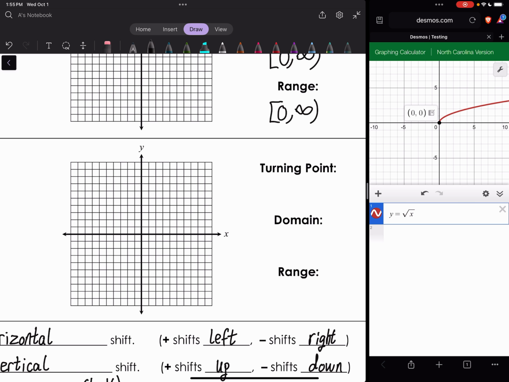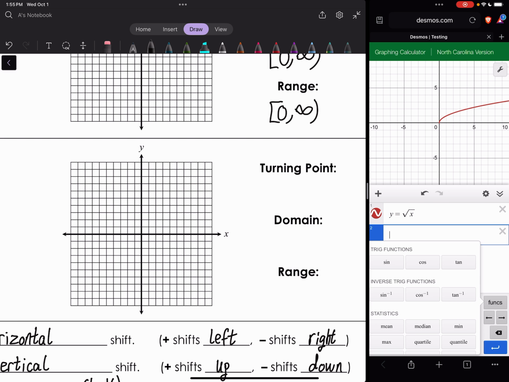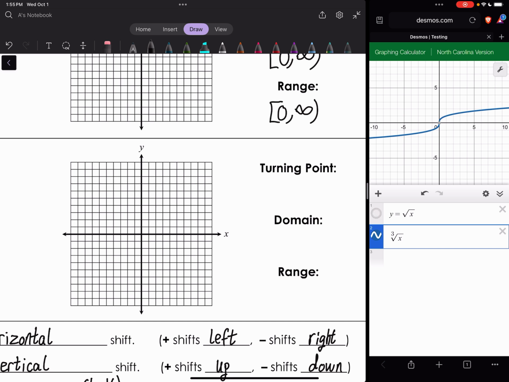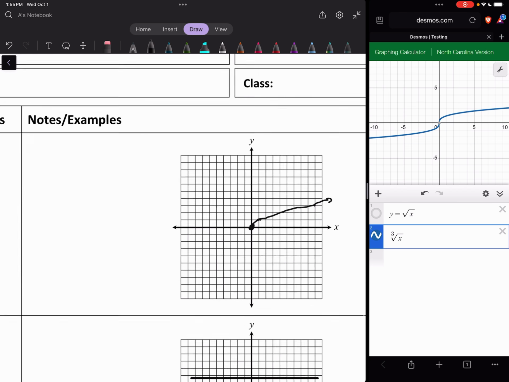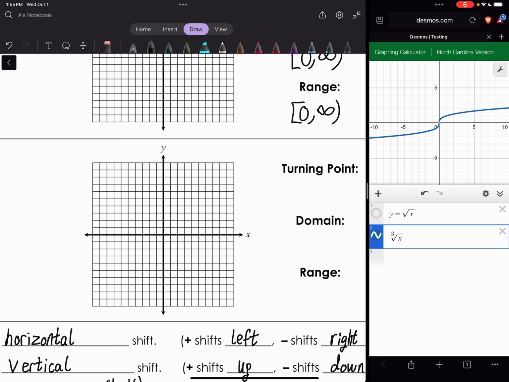A cubic root function all the way down looks like this. It is y is equal to the cubic root of x.